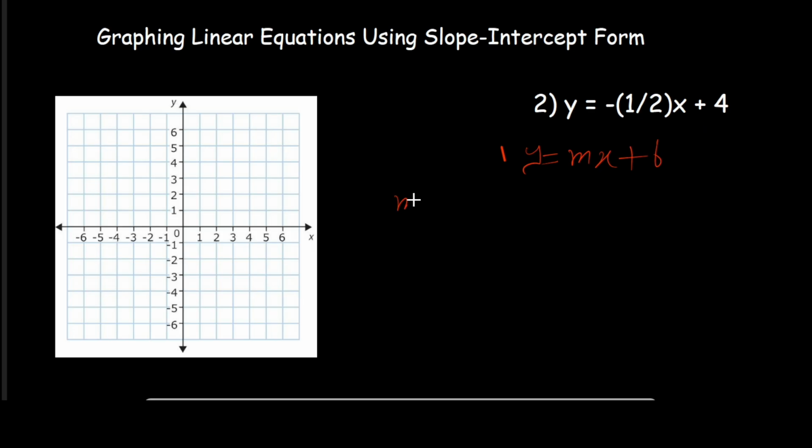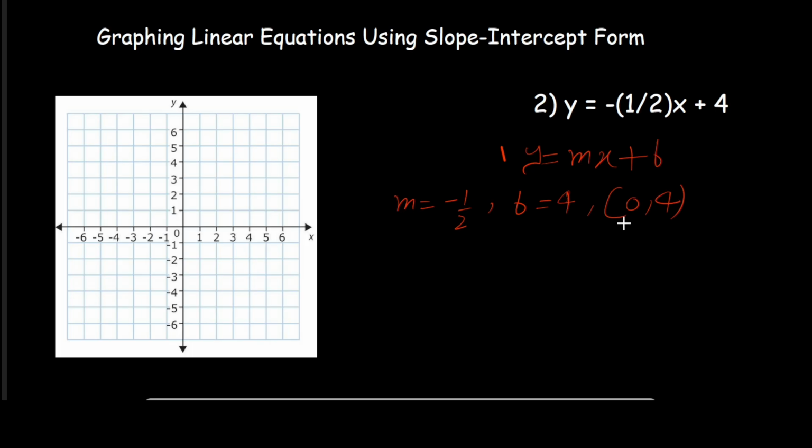It will give us m equal negative 1 over 2 and b equals 4. Now we have y-intercept which is (0, 4), and we have slope which is negative 1 over 2. Here the rise is negative 1, which means we have to move down 1 unit from this point.